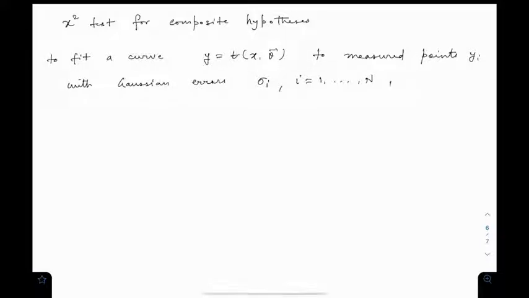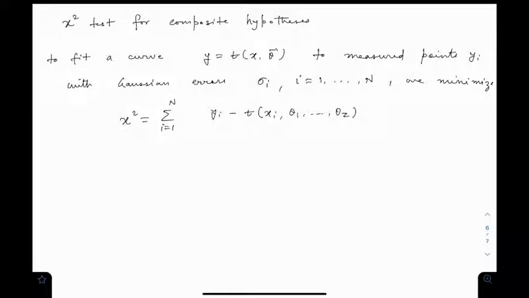We minimize this chi-square with respect to z free parameters.